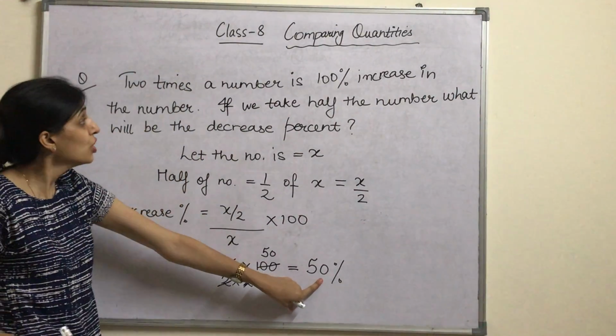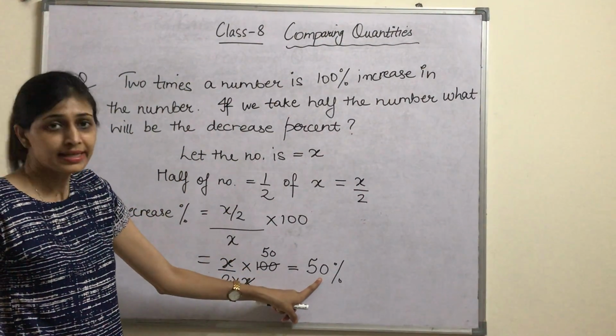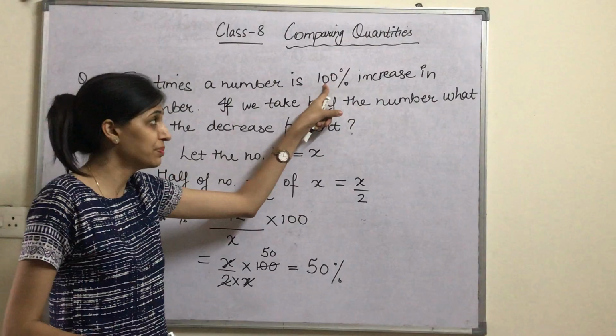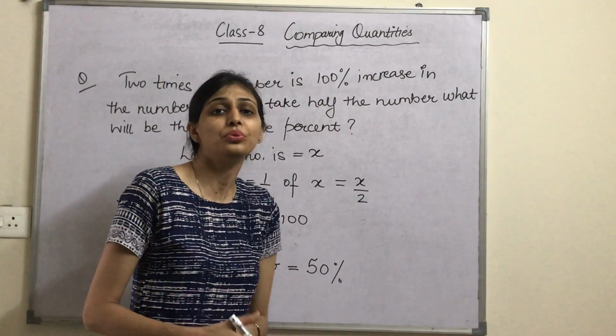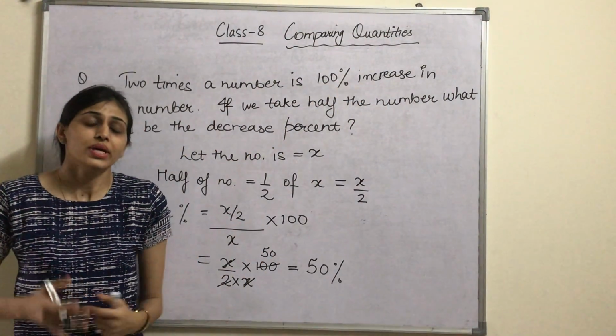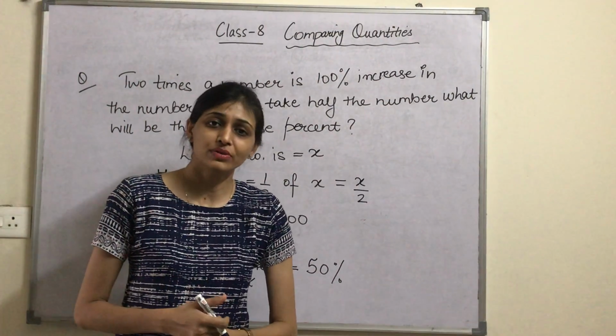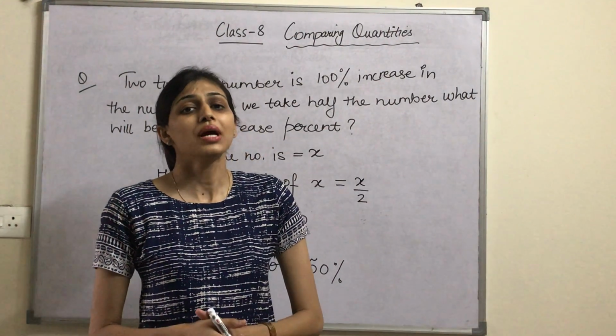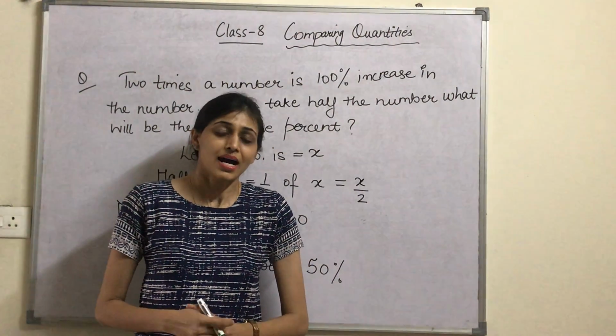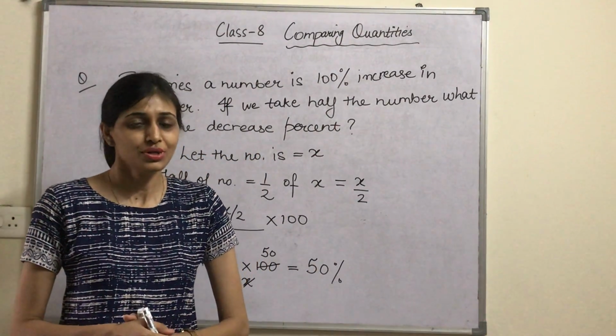If we do 2 times of 50%, it comes out to be 100%, and that is what was asked. So in this way you can solve some of the questions related to comparing quantities. I hope the topic is clear to you. Thank you very much.